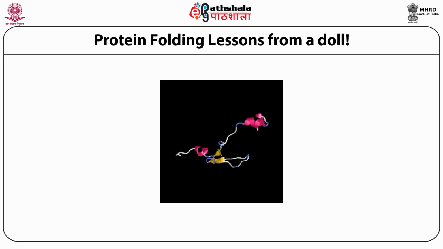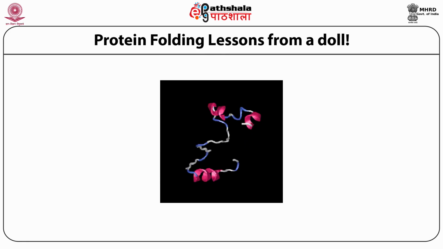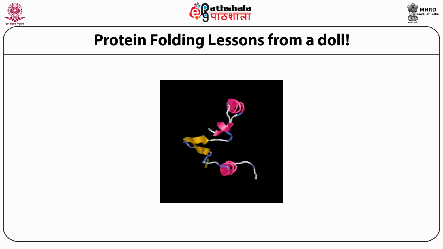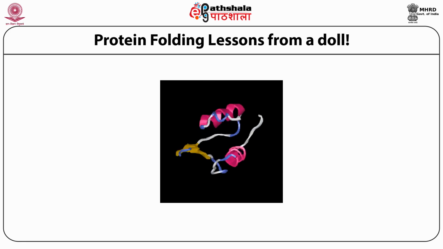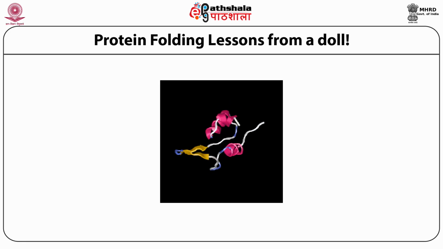So having understood the aspect of the doll that was trying to look for a stable position, we now come to the concept or understanding of protein folding. What is it that we see here on the slide?